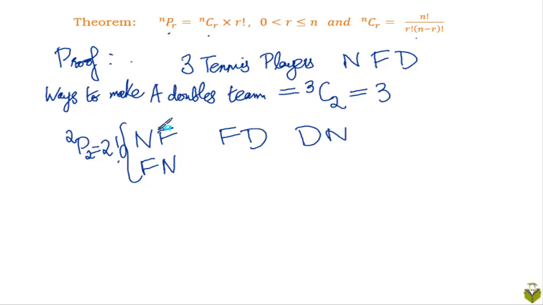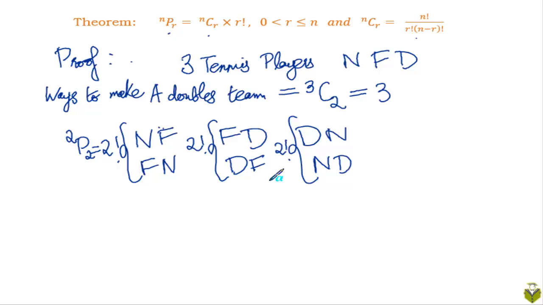So that is 2 factorial ways you can arrange NF, and 2 factorial is 2. Similarly, you can arrange these 2 objects taken 2 at a time in 2P2 ways, that is permutations of 2 objects taken 2 at a time, and this also will be 2 factorial. And DN again you can arrange in 2 factorial ways, or 2 ways.